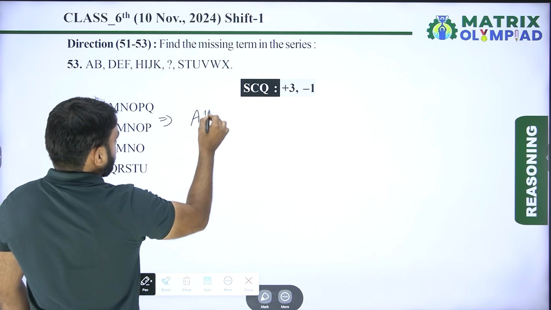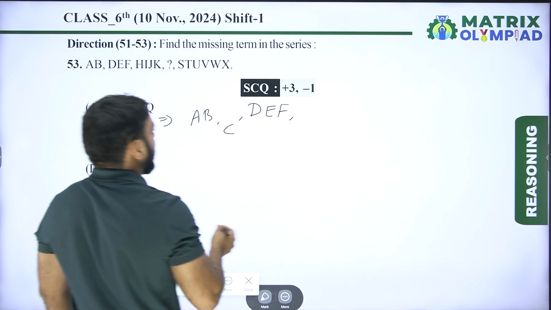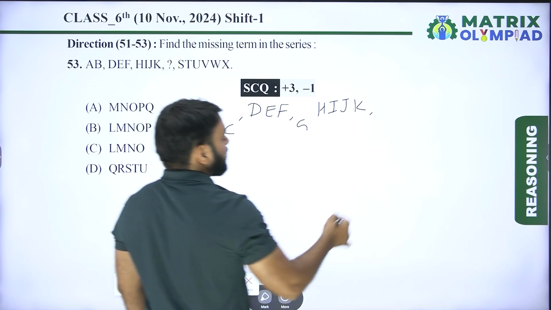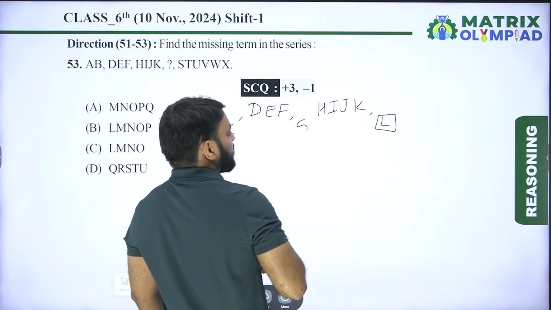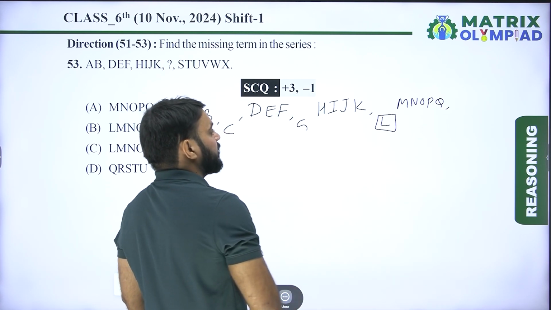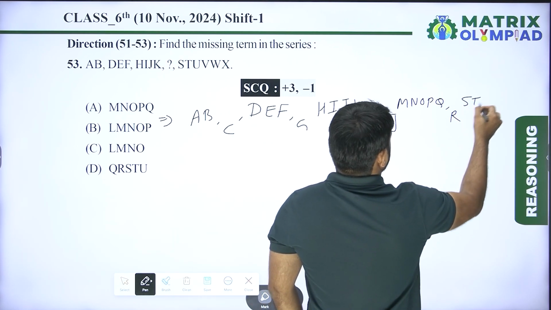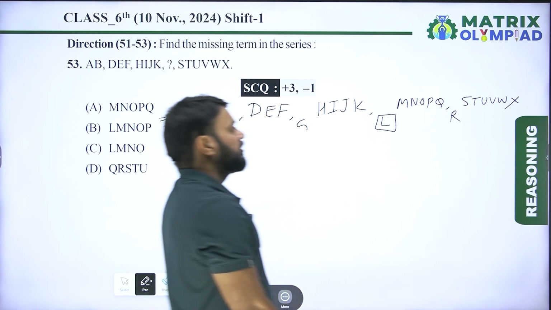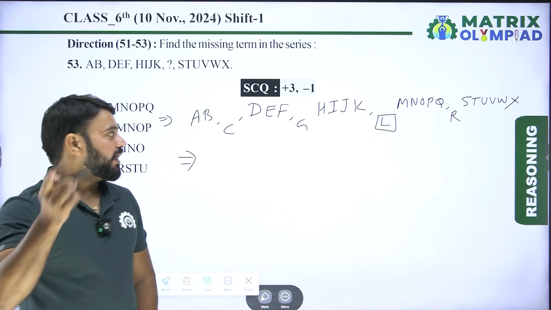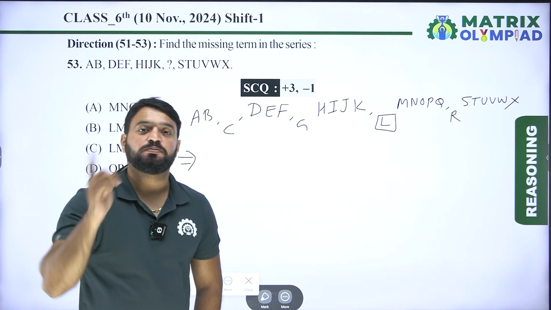The pattern is A, B, then skipped C, D, E, F, after F skipped G, H, I, J, K, after K next is L, so skipped L. Now the next term is M, N, O, P, Q. After Q next is R, so skipped R, S, T, U, V, W, X. So the pattern of the series is that in every next term, one alphabet is increased and then one alphabet is skipped.